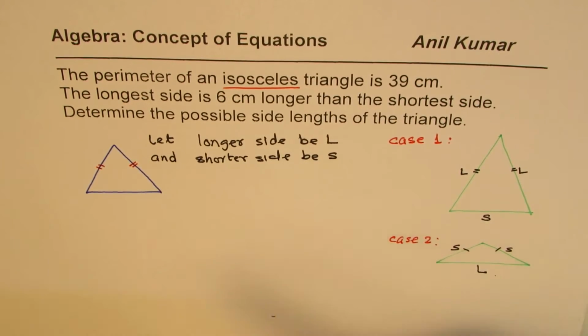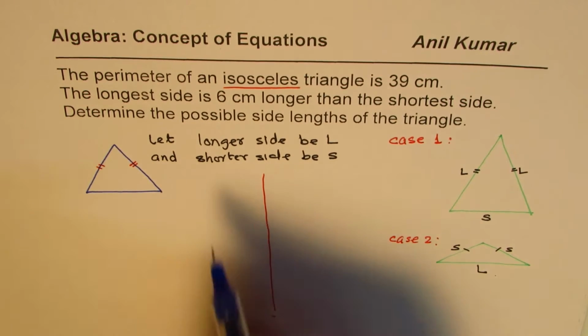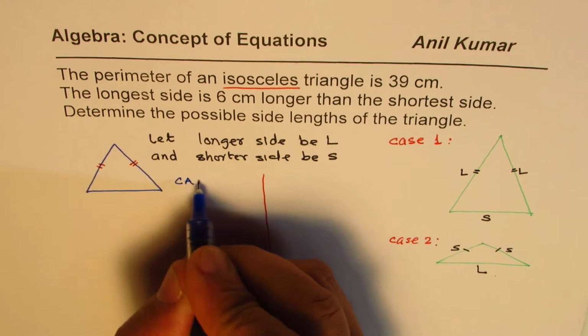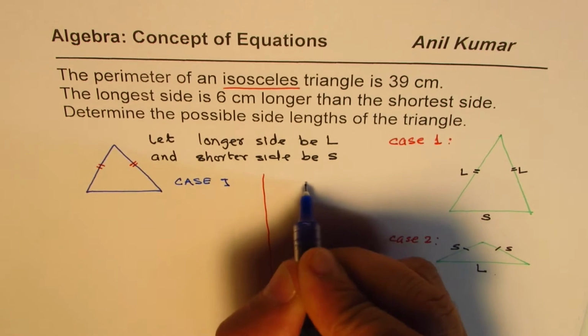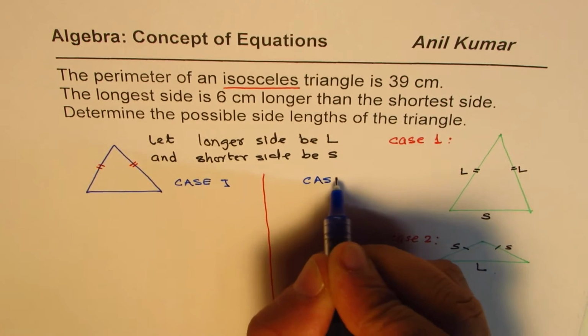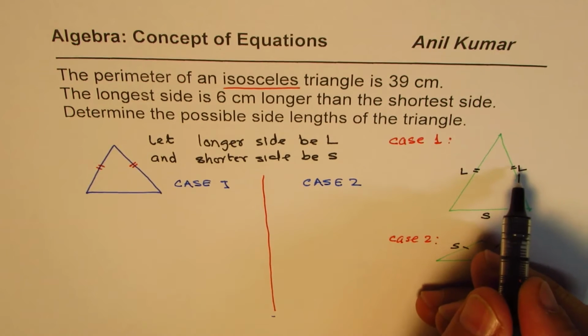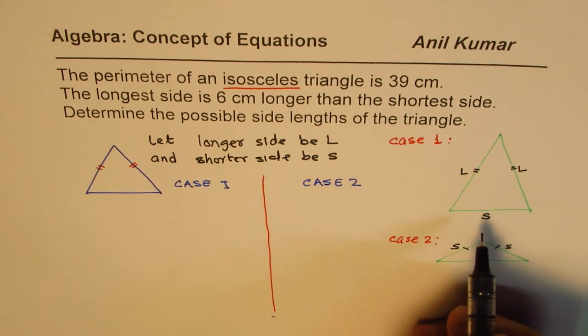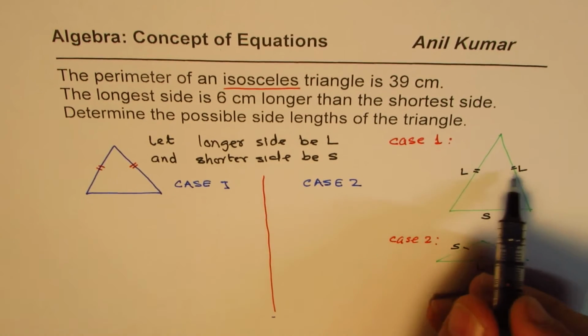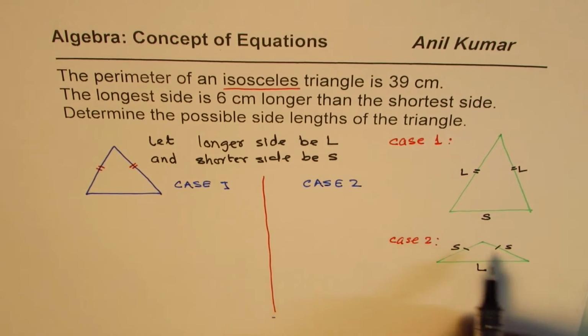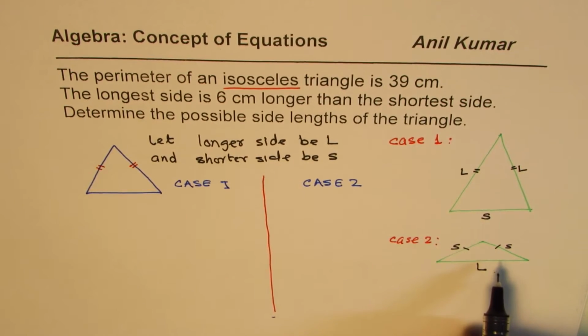Now as we have seen here, there are two cases, right? We are going to solve for case 1 and case 2. In case 1, we have two long sides which are equal, and in case 2, two short sides which are equal, right?